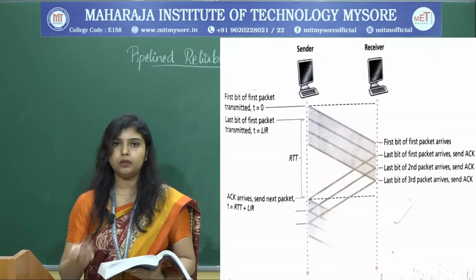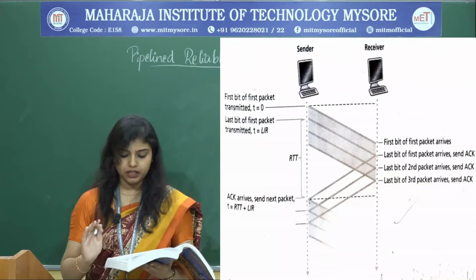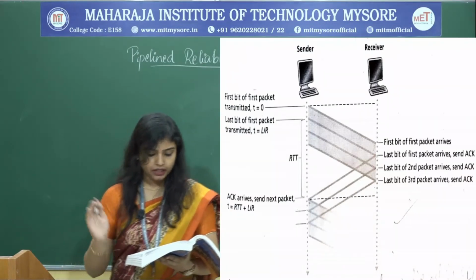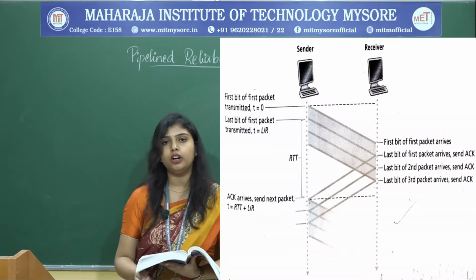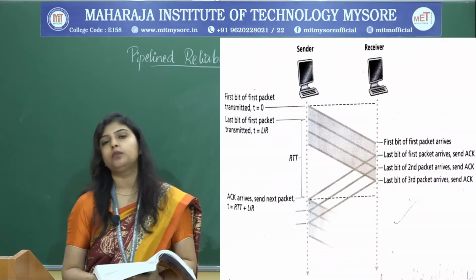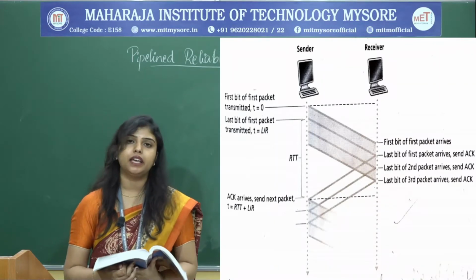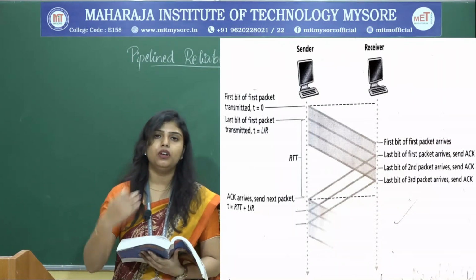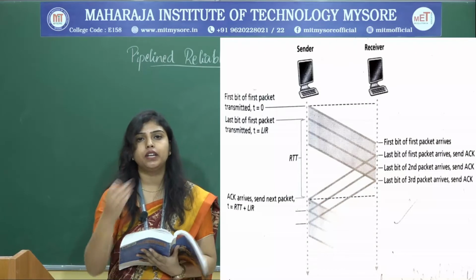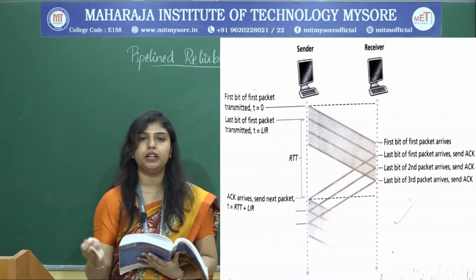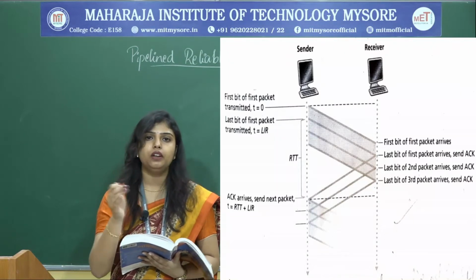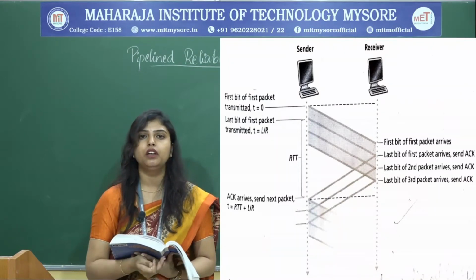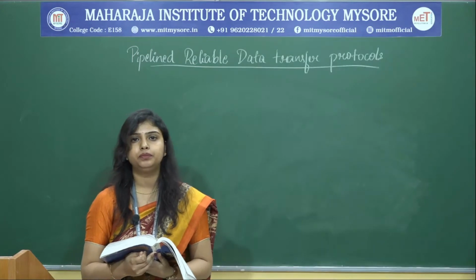As soon as they receive the packet, the acknowledgement is sent, and at the sender side, the acknowledgement arrives at t equals RTT plus L/R seconds. So, here you can see, instead of sending one packet and then waiting for acknowledgement, we are sending multiple packets, where we are able to catch up with the performance speed.